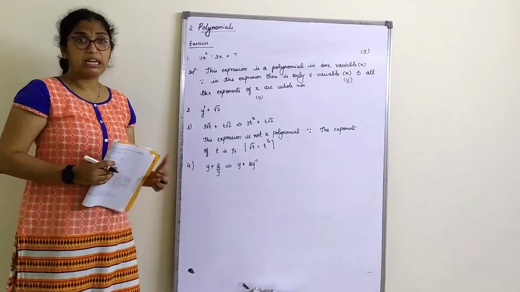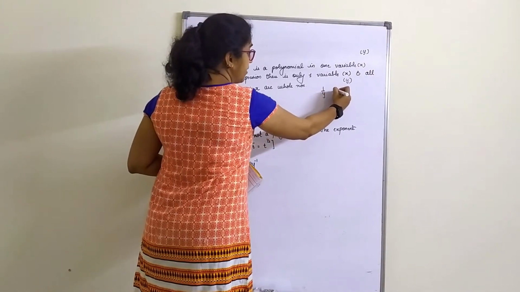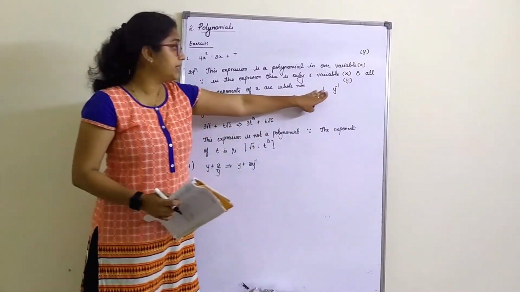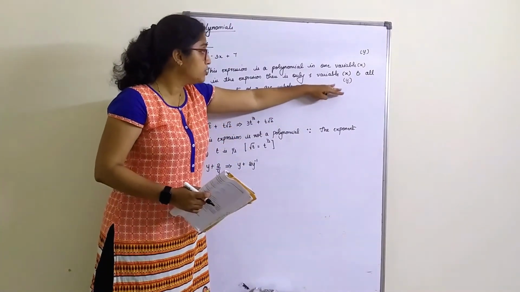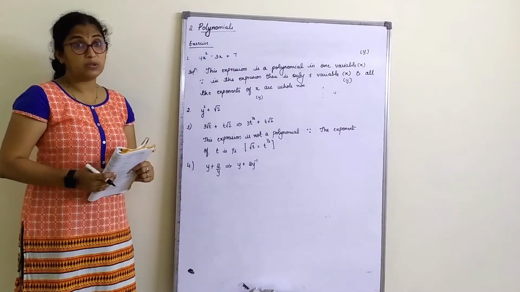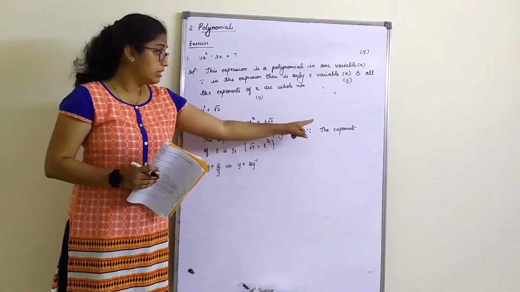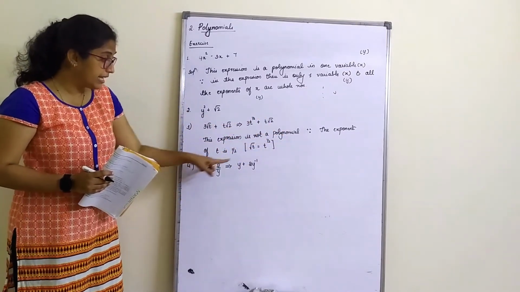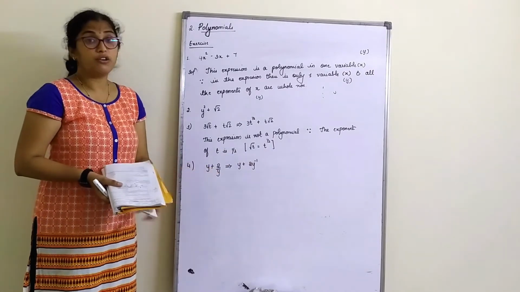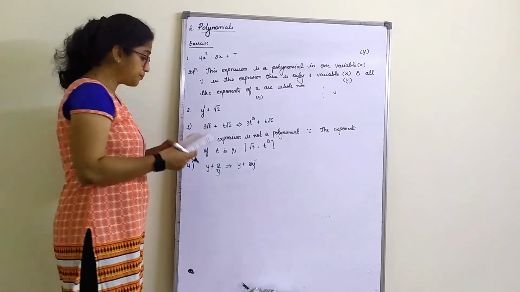Exponent rule. You studied exponents, right? If it is 1 by y, we can write this as y raised to minus 1. Same principle I have used here. So is this a polynomial? What reason will you give? This expression is not a polynomial because the exponent of y is minus 1. Same reason. I will not write it again. Got it?